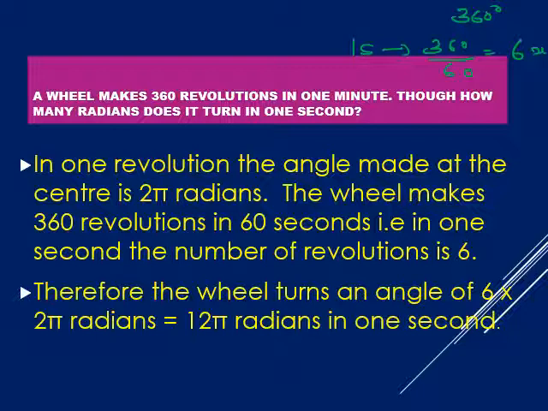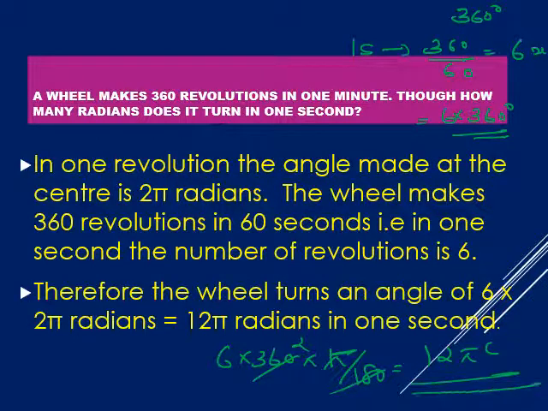Then 6 into 360 degree, since one revolution is 360 degree. To convert degree into radian, multiply with pi by 180. So the answer is 12 pi radian.